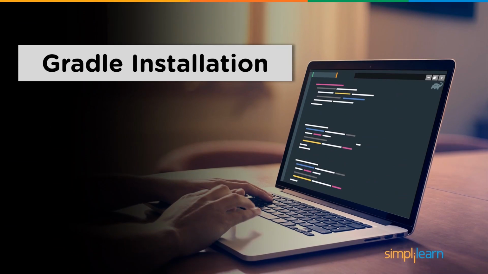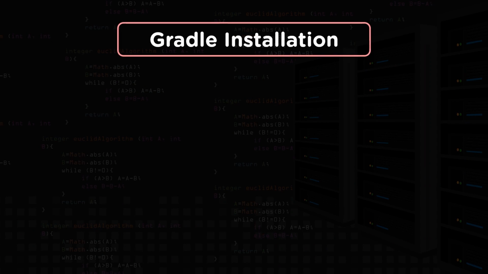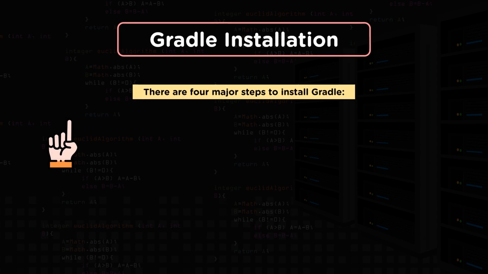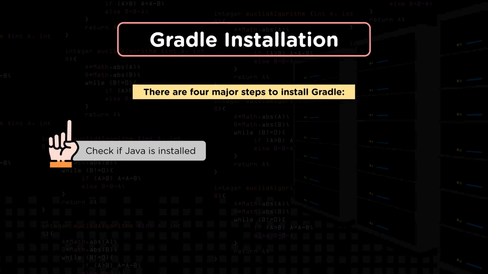Now let's talk about the Gradle installation, because this is a very important aspect, because when we are doing the installation, we have to download the Gradle executables. So let's see what the different steps involved in the Gradle installation are. There are primarily 4 steps. The very first one is that you have to check if Java is installed.